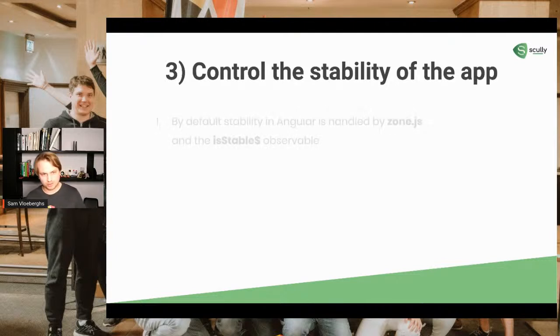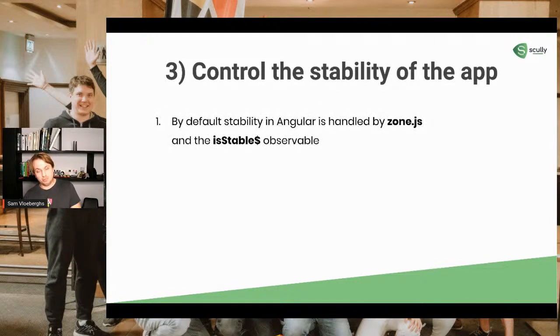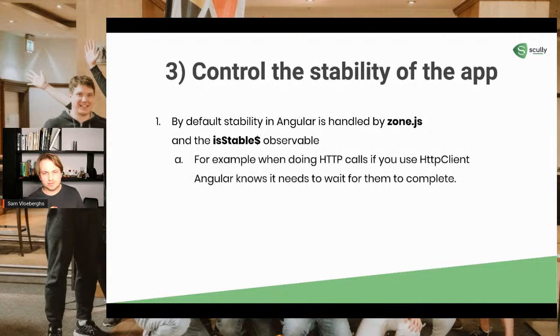By default, stability in Angular is handled by Zone.js, and the isStable observable that is exposed on the ApplicationRef service of the Angular framework. Whenever we are using the built-in HTTP client from Angular, Universal uses this observable to know that the page is ready to be serialized.